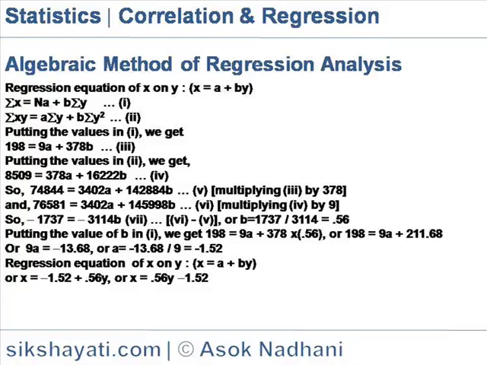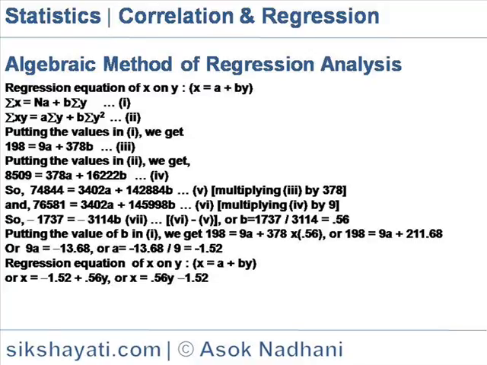So again by multiplying equation 3 by 378, we get 74,844 is equal to 3402a plus 1428884b, and similarly by multiplying the fourth equation by 9, we get the value 76581 is equal to 3402a plus 145998b.